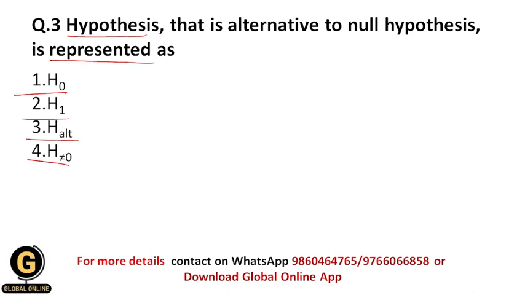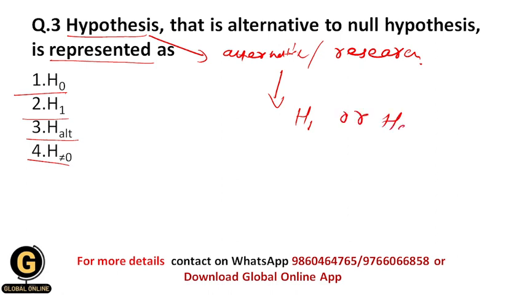So basically students, null hypothesis predicts that there is zero relationship between the variables, and that's why the alternative hypothesis to null hypothesis predicts that there is a relationship between the variables. All of you getting? And that's why this kind of hypothesis is called the alternative hypothesis, or it is also called the research hypothesis. Okay, and it is denoted by H1 or HA.